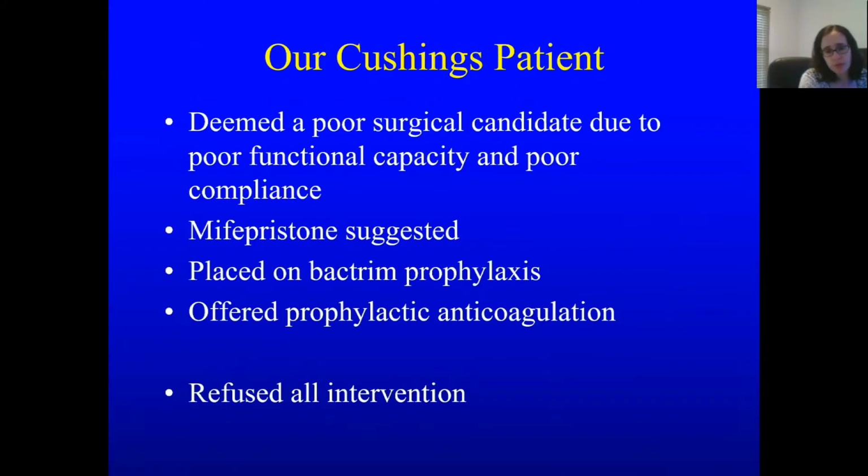In the end, she refused all intervention and she didn't come back, which is somewhat dissatisfying, but that's what I would have done had she been compliant. But in better news, in our compliant patients, when you treat the Cushing's, they get a lot better. This is the same patient, believe it or not, when she had Cushing's, and then she had her surgery, and her Cushing's resolved, and this is now.